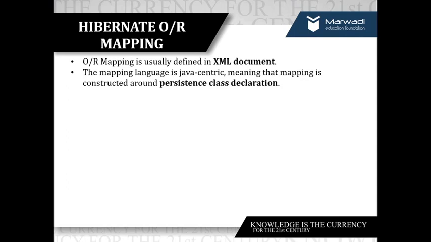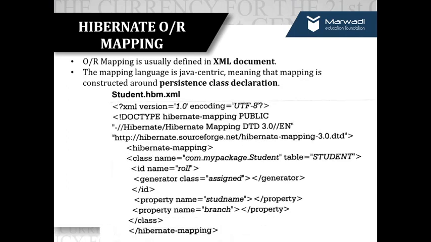Yes, so let's take an example of a student XML file. You saw that I had named the configuration hibernate.cfg.xml. Yes, that was the Hibernate configuration. This is the OR mapping file. We'll also see the example of the Hibernate configuration file further in the program.